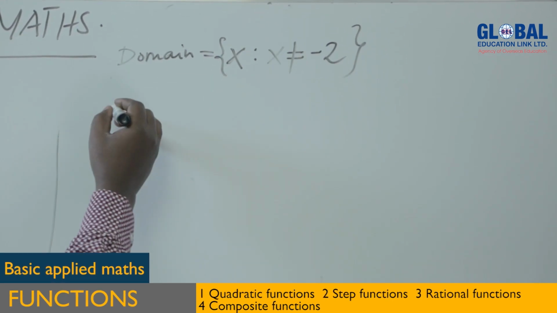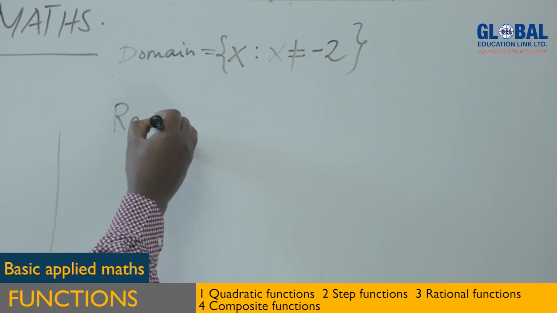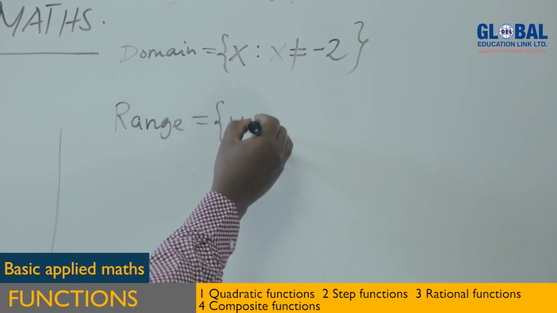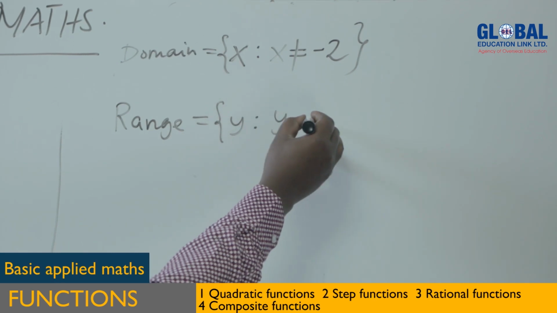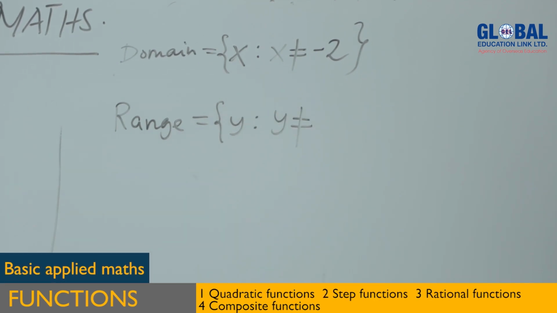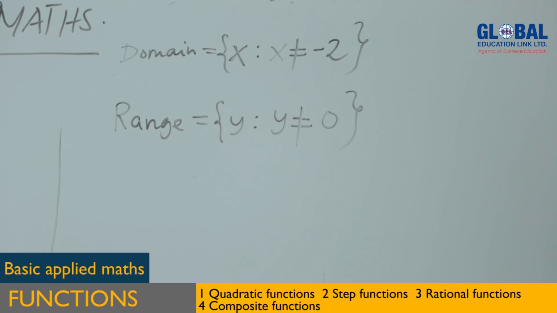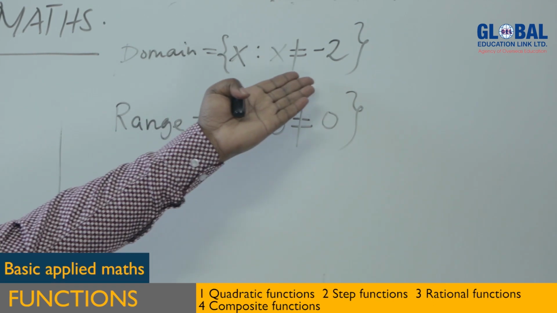The same applies to range. Remember, for range, we are talking about the y values, such that y is not equal to the horizontal asymptote, which is 0. That is why we are using a dotted line. A dotted line means this value does not exist.